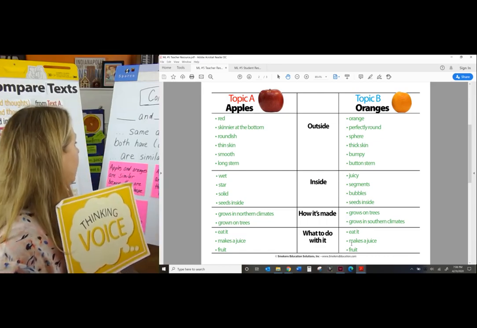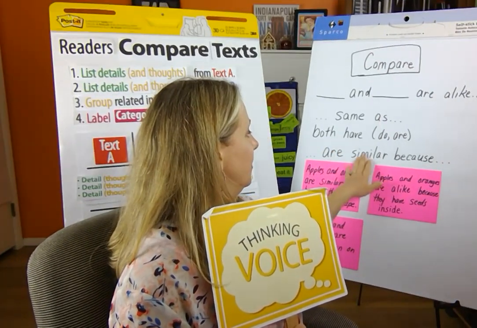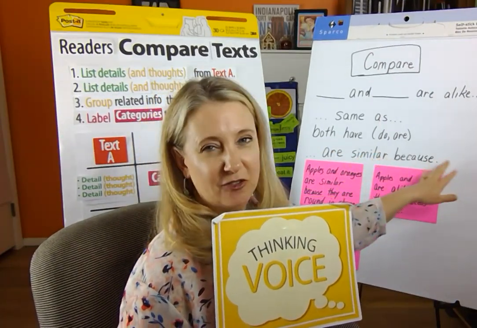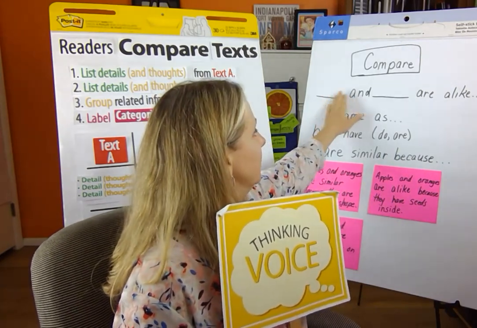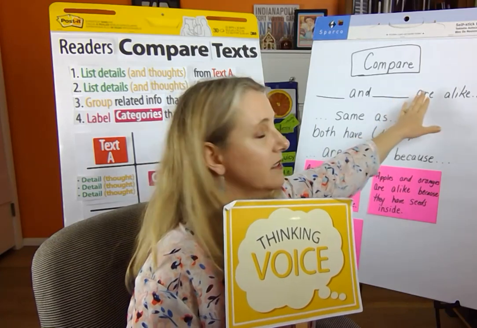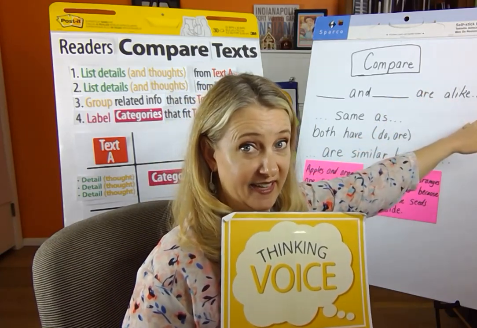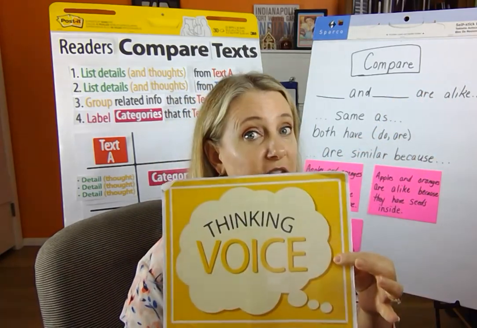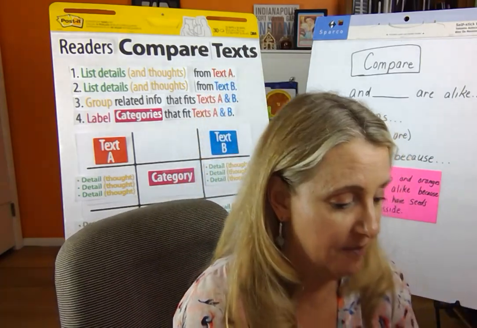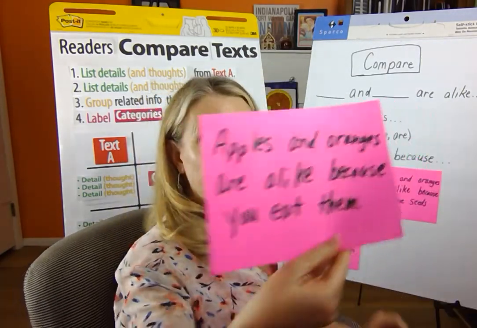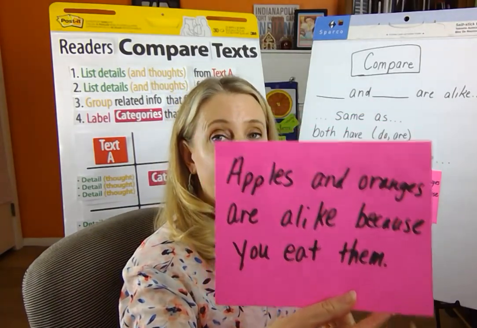So how do you want to say that? Apples and oranges are similar because you eat them? I don't know. Apples and oranges are alike. Why? Use your thinking voice. Because you eat them. Okay, so here's an example of an inference.